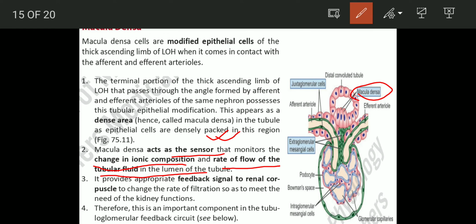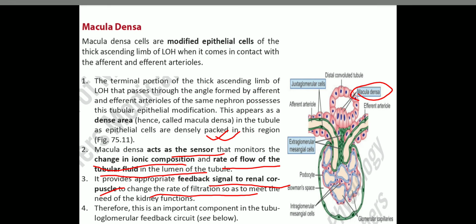I'll be discussing the mechanisms in the renin-angiotensin system, how it plays a role and how it balances. This will provide feedback signals to the renal corpuscle to change the rate of filtration so as to meet the needs of kidney function.